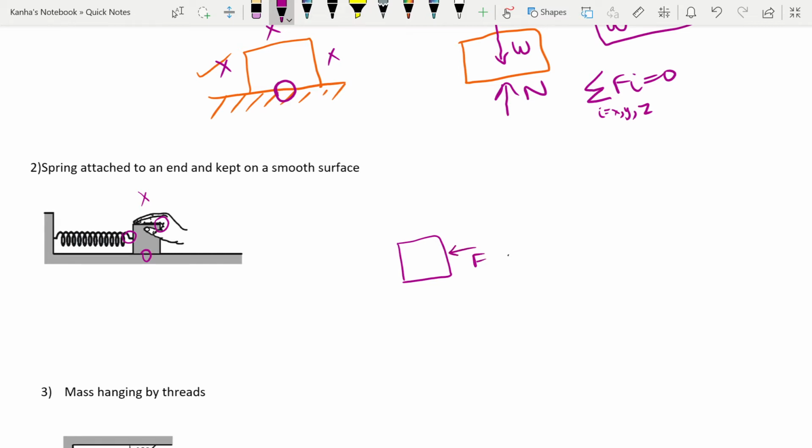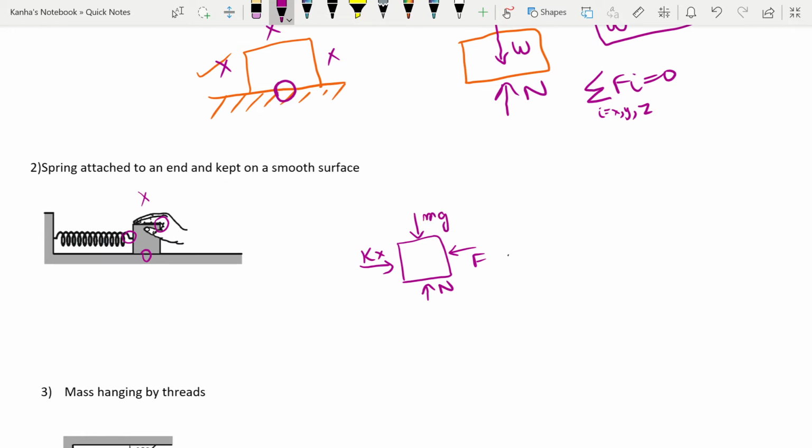I will draw some F here because the spring is being compressed, so there is a kx force on the right side, and there is a normal reaction from the bottom. Now I will look at the non-contact forces. The only non-contact force here is gravity, the gravitational attraction, so I'll just mark it as mg.